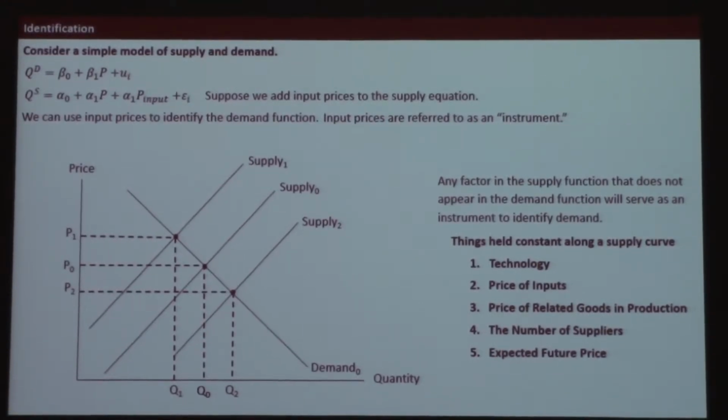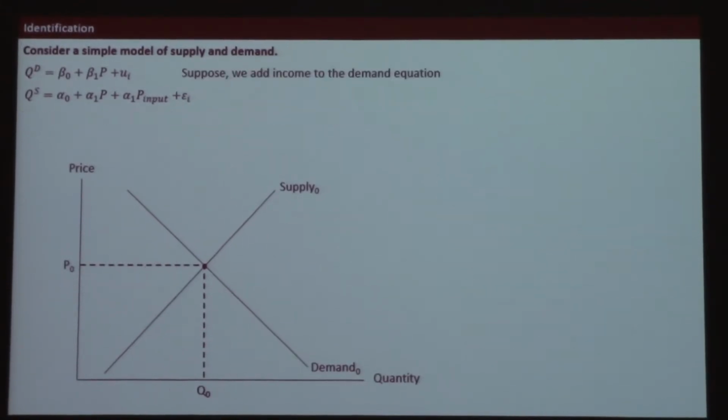Otherwise, we can get stuck with one of those other demand curves that were literally all over the place. Okay. Now, let's add income to the demand equation, because that seems like an obvious choice. So, if we wanted to identify the supply equation, then we would have to shift the demand curve.